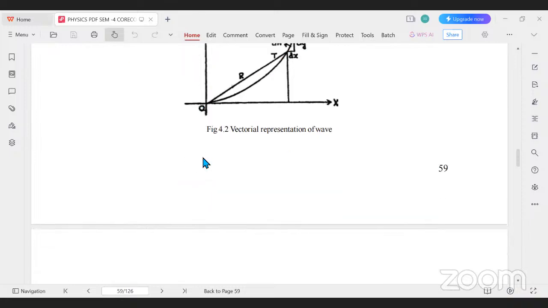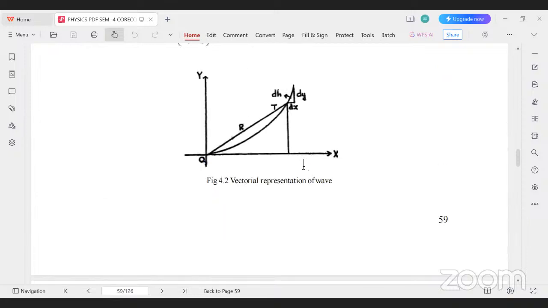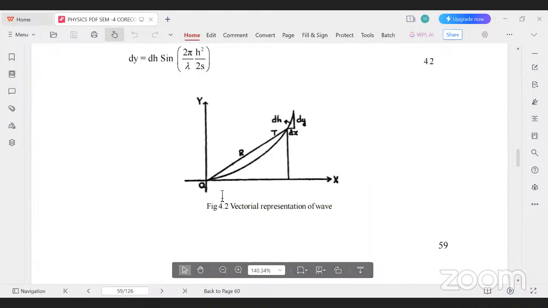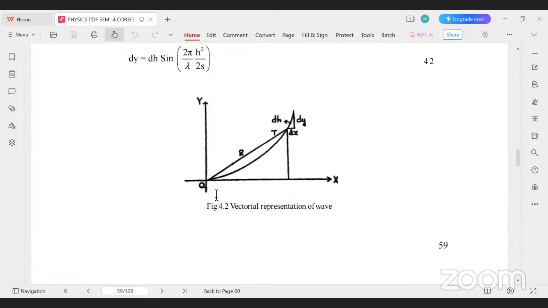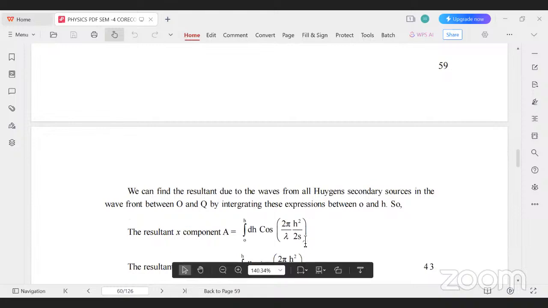Here we can see in the diagram the resultant x component A and the resultant y component B, from 0 to h. Here we can find A and B, with the phase 2π by λ · h squared by 2s.